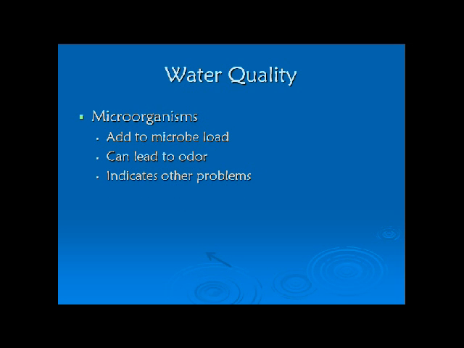Microorganisms, of course, we're trying to get rid of them in sanitation, or at least reduce their population. And if we have water that's contaminated with microorganisms such as bacteria, then we're basically adding to the microbe load that we're trying to eliminate, and so we can create a worse problem than we started out with.